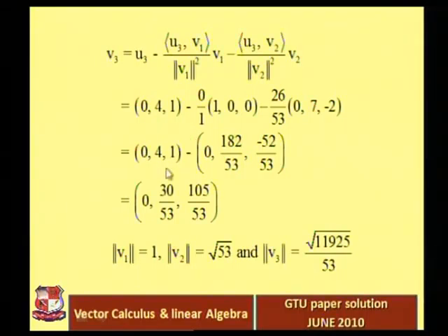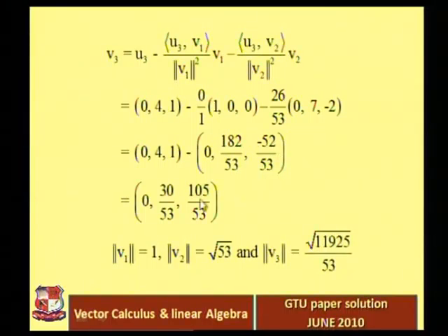So (0, 4, 1) minus this, 0 into (1, 0, 0), so that part will be cancelled out, right, because this part is (0, 0, 0). So (0, 4, 1) minus 26 by 53 into (0, 7, -2). So 26 by 53 into 0 is 0, 26 by 53 into 7 is 182 by 53, and 26 by 53 into -2 is -52 by 53.